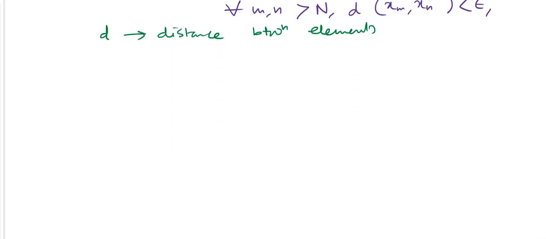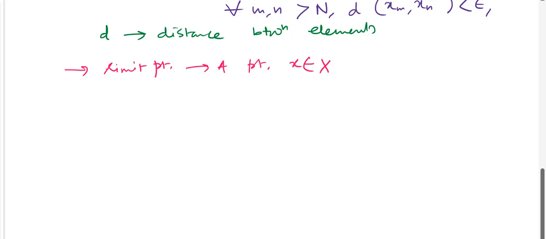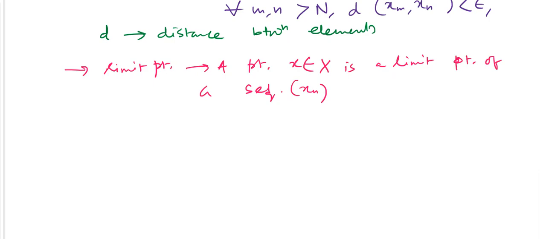So here the limit point: a point x belonging to capital X is a limit point of a sequence xn if the sequence converges to x in R cube.